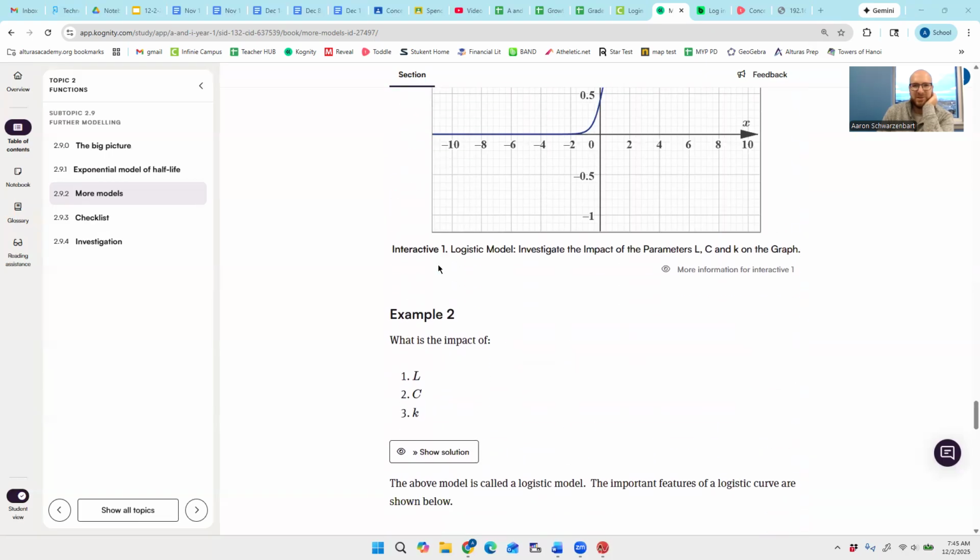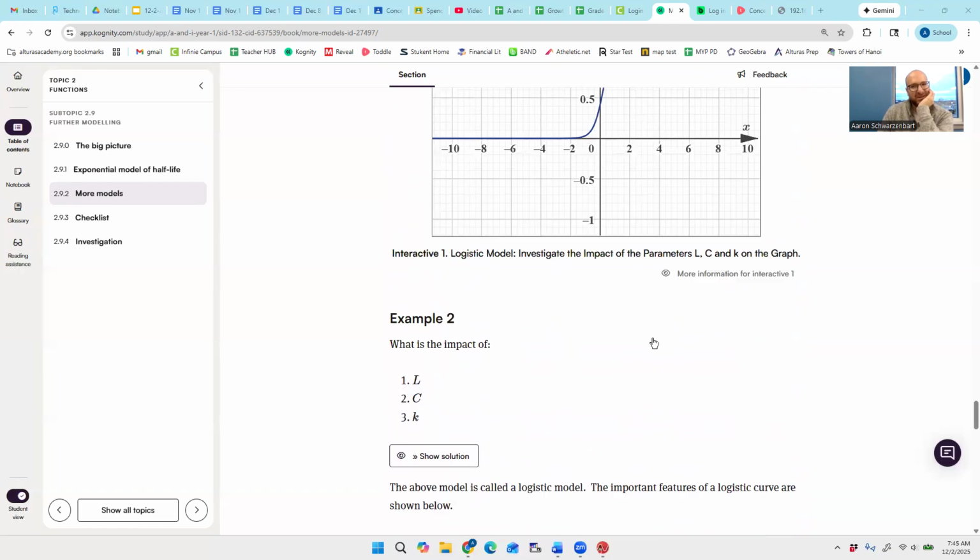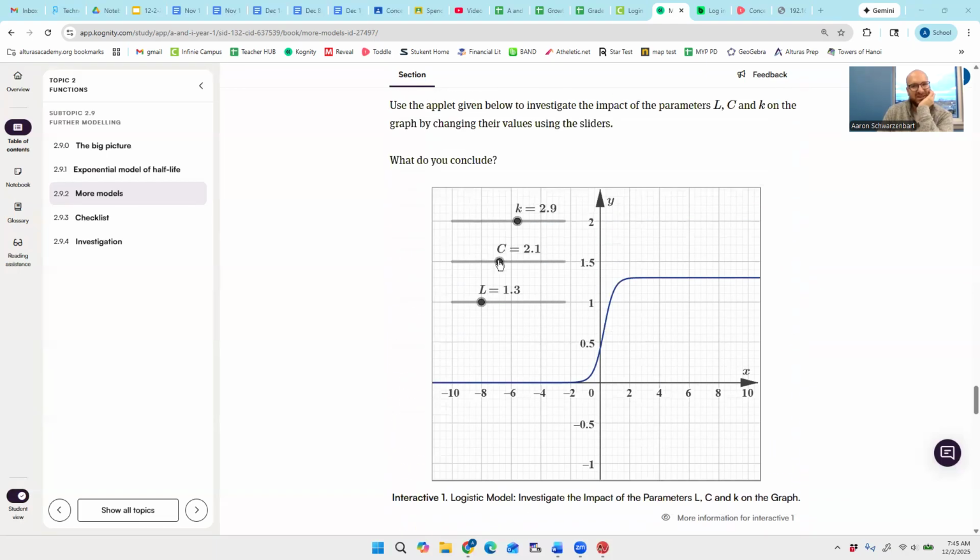So how does L affect it? L, if you're looking at it, raises and lowers the carrying capacity. The C, you don't want to go to 1 because that's just going to flatline that whole thing.